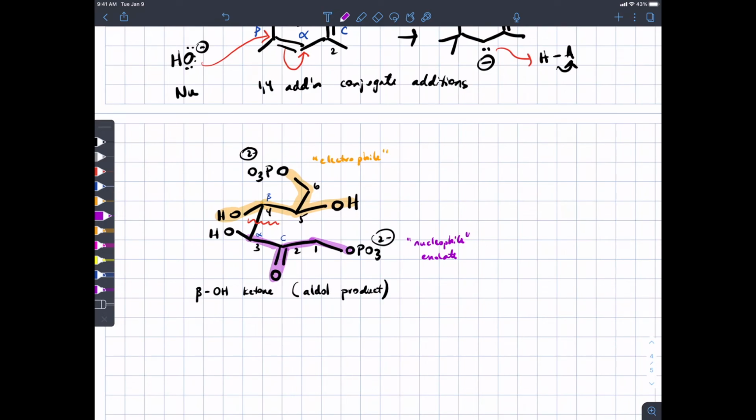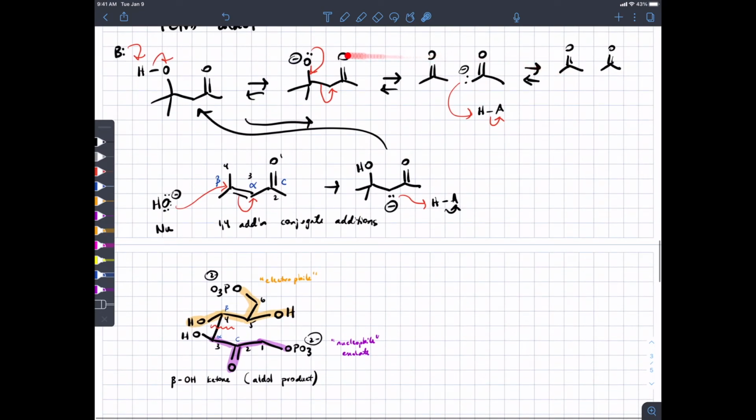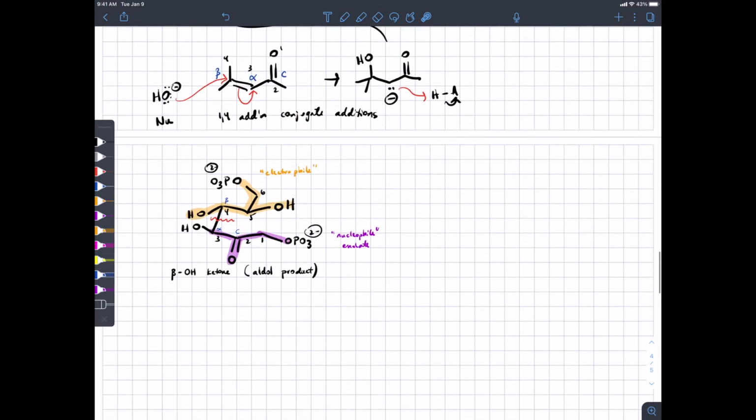Why are we thinking of it forwards? Why are we thinking of it in terms of an aldol product? Because what nature's going to do is use these exact same steps to break this molecule apart into 2 3-carbon pieces. You have a 6-carbon sugar, you want to metabolize it. It's inefficient to break it into 2 and 4, because then you have to have a whole other machinery to deal with the 2-carbon product and the 4-carbon product.